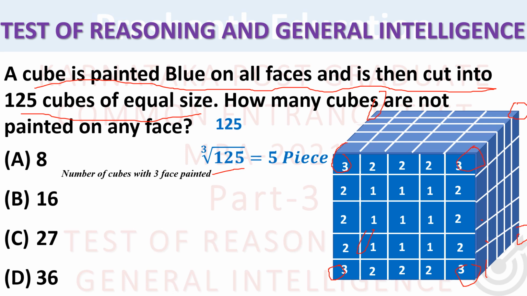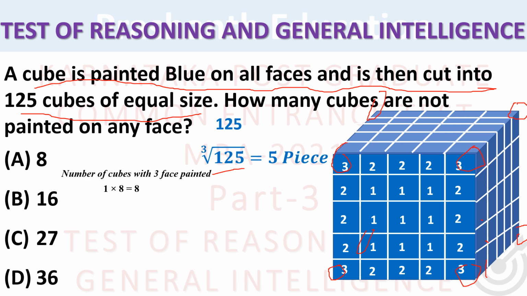The one on the back side, down below, will not be painted on that face, so that will be painted with 3, and this one is 8. So 8 cubes will be painted with 3 faces.